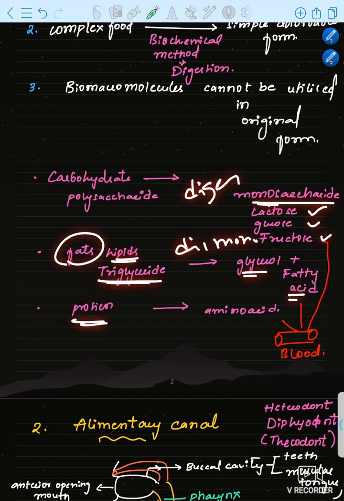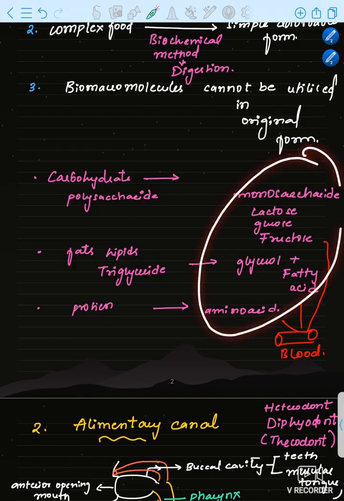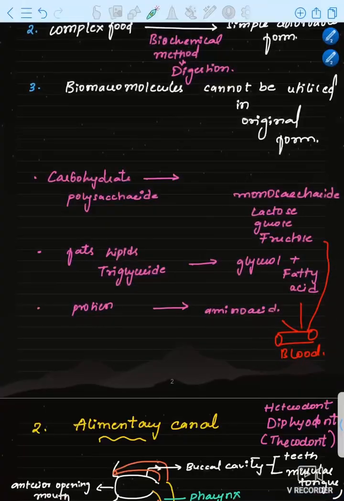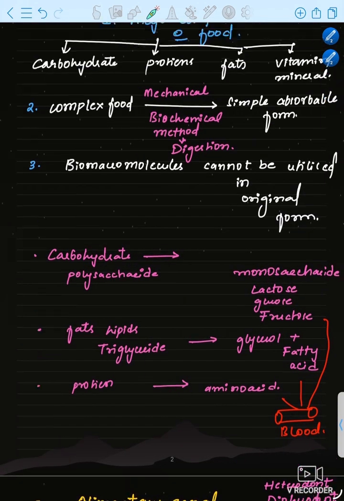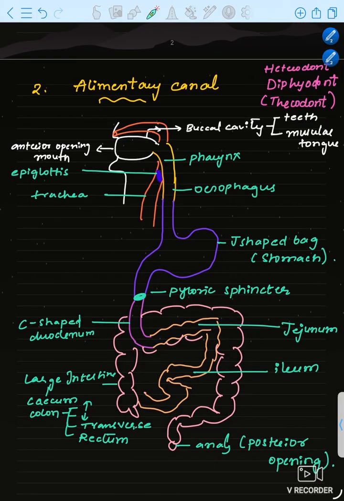And proteins will be broken down to form amino acids. All these simple absorbable forms will be poured into the bloodstream and absorbed in the tissue. So this is the brief overview of digestion and absorption. Let us go in deep.